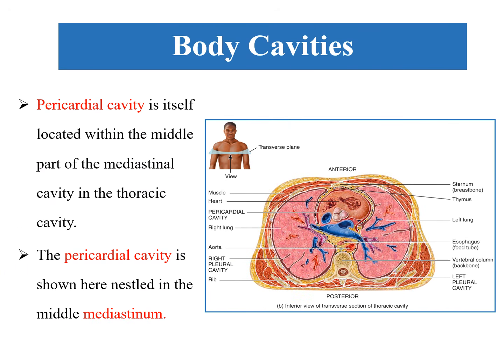If you remember, I mentioned that the mediastinal cavity is another cavity that is contained within the thoracic cavity. If this is the thoracic cavity, at the center of it you have the mediastinal cavity.